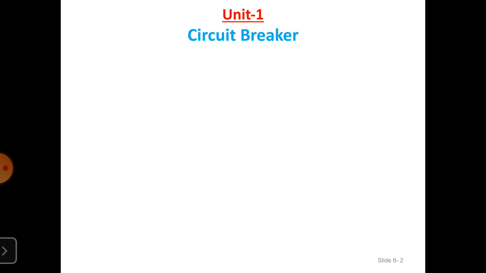Next is the fuse. A fuse is an overcurrent protective device. If any overcurrent is obtained in the circuit or the line, the fuse melts, but it does not make the circuit.